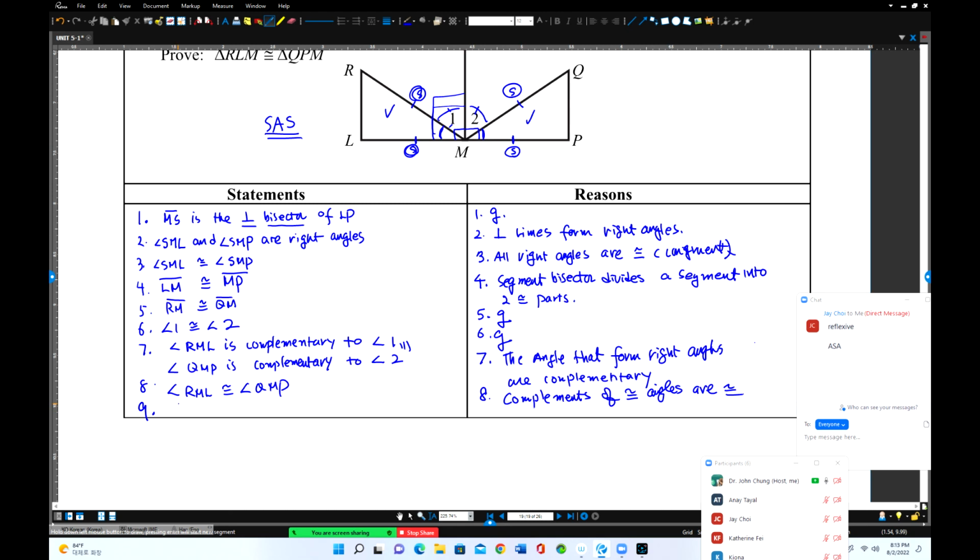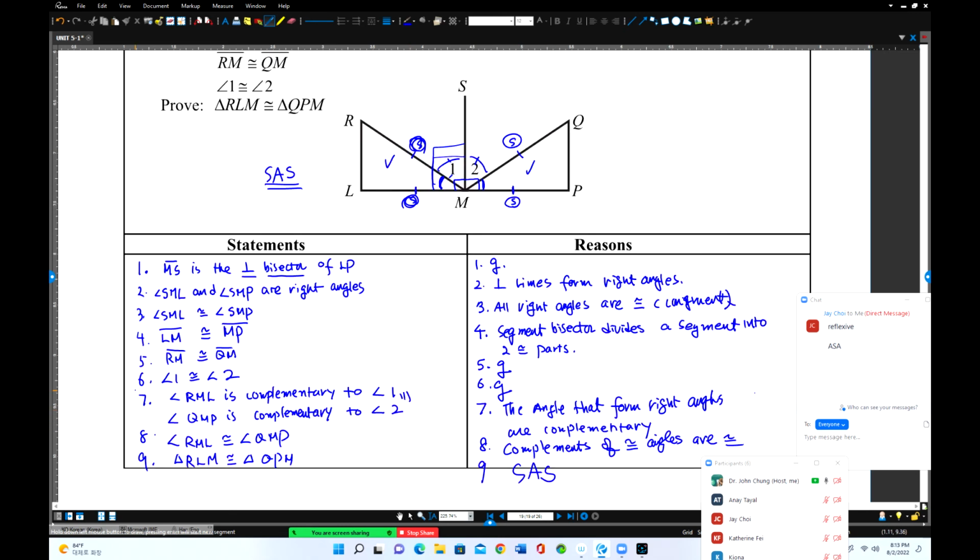Now you can make the conclusion. Triangle RLM is congruent to triangle QPM. The reason is clear, right? Side angle side. But this one is complementary angles steps. You have to memorize this. For supplementary angles, what did you say?